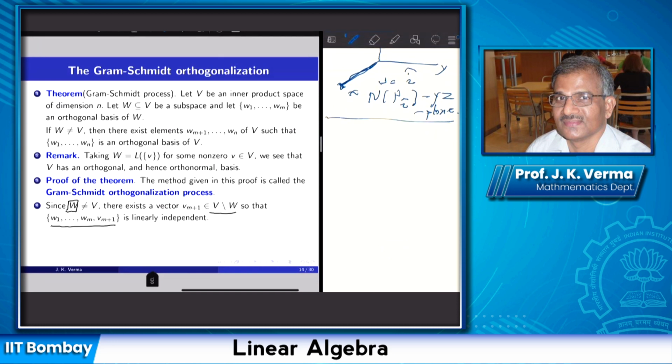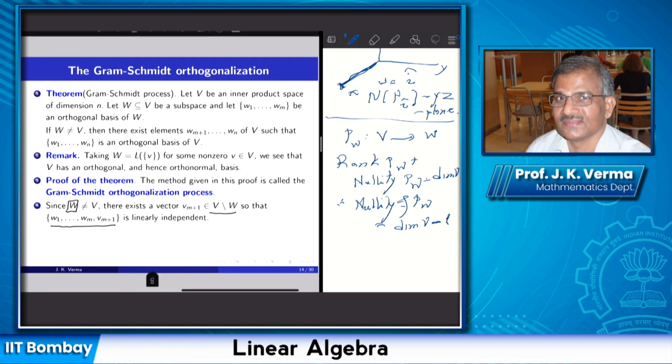What is the rank-nullity theorem? For the projection operator from V to W, the rank of the linear transformation plus the nullity of the linear transformation is equal to the dimension of V, and therefore the nullity of PW is simply dimension of V minus rank of PW. Rank of PW is 1. So the nullity of the projection operator is 1 less than the dimension of V.